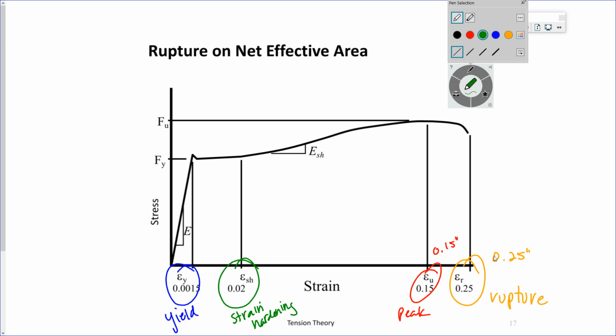Onset of strain hardening happens at 0.02 inches. And yielding happens at 0.0015 inches.